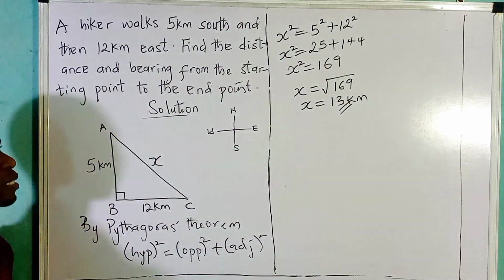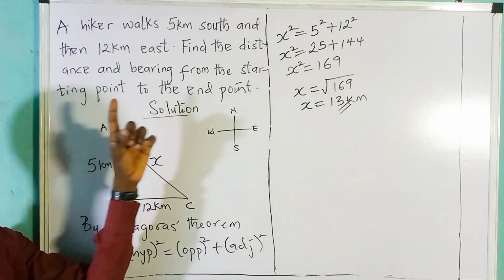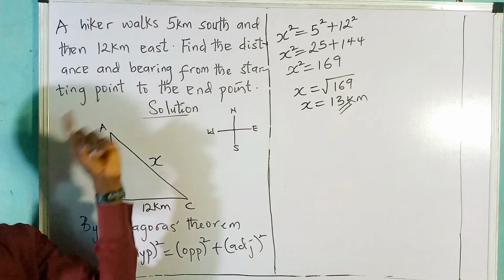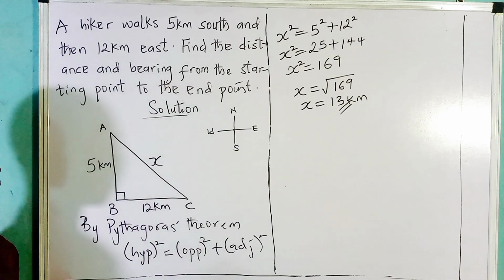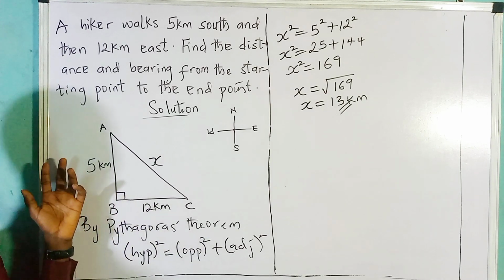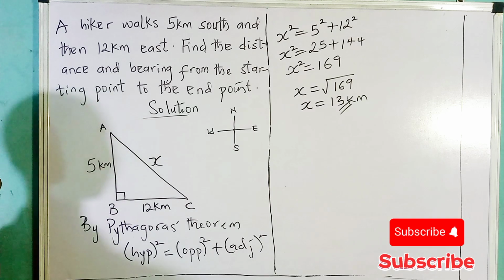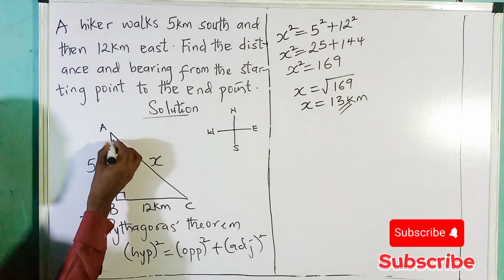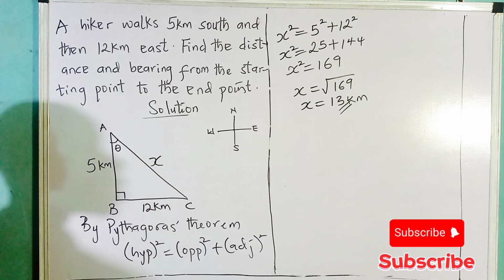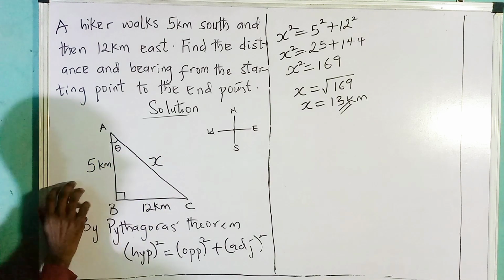That's the distance, right? Now, we are told to find the bearing also. How do we get the bearing? The bearing from the starting point A to C. Alright, so for that to be possible, let's call this theta. So it makes this the adjacent, right?